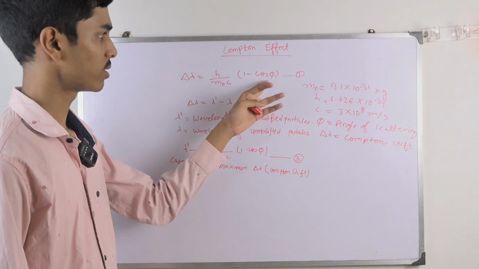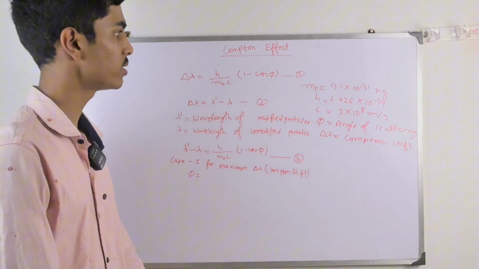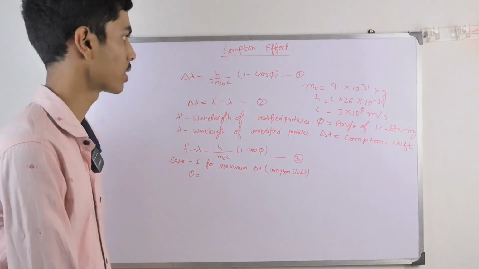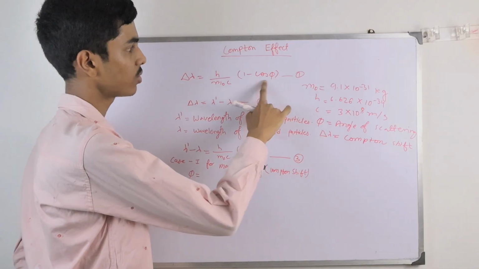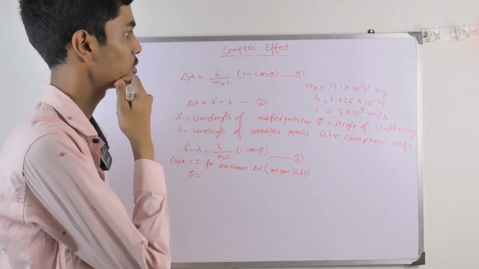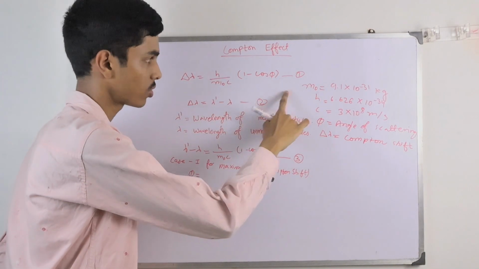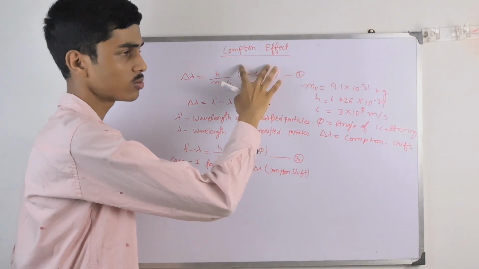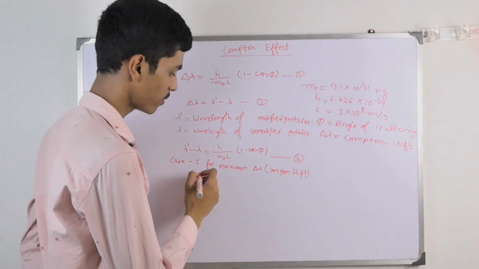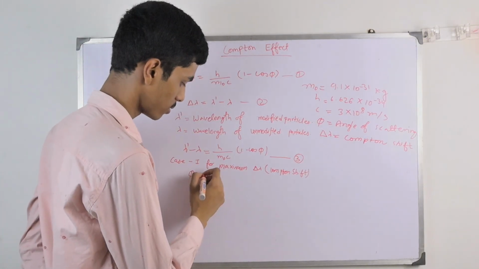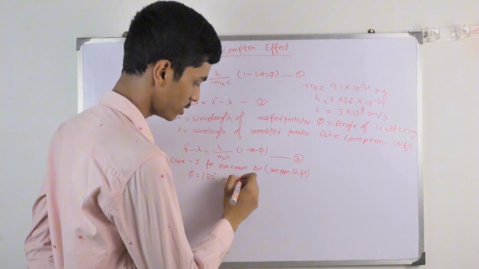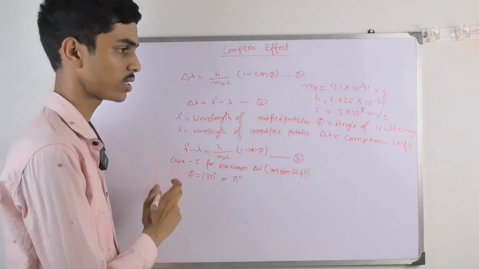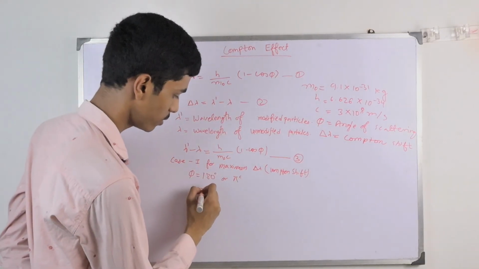You might think that substituting phi as 0 degree gives the maximum, but you are wrong, because it is not cos phi itself but 1 minus cos phi that we have to make maximum. So phi is 180 degree, or pi radian.